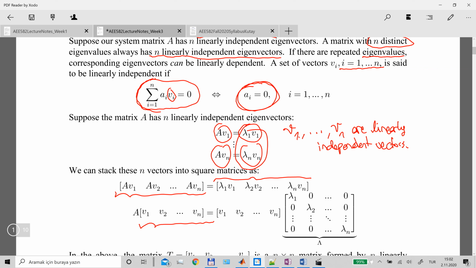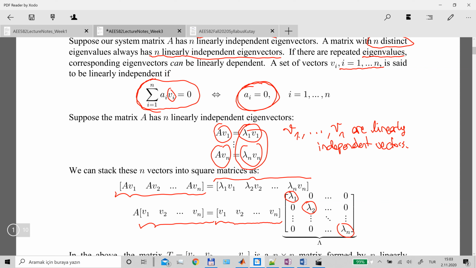Anyway, on the right hand side here, you can write this matrix as a multiplication of this square matrix formed by the n eigenvectors times a diagonal square matrix, and the diagonals are composed of the eigenvalues of that matrix. So it's just a diagonal matrix with the lambdas, the eigenvalues, on the diagonal.